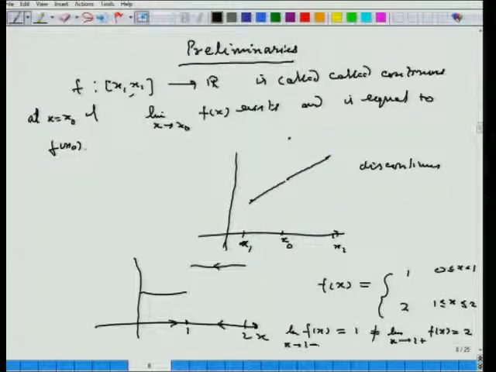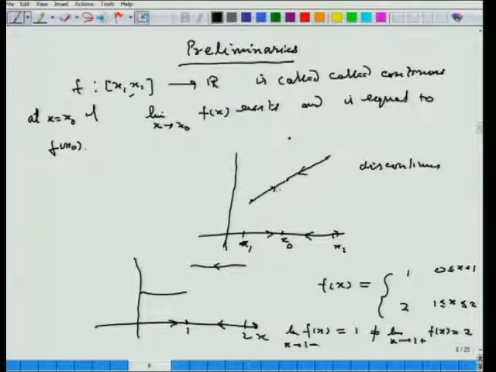Although in this case it is not so apparent, we can see that if we approach this point from the left, then it is going to this value here, and similarly if we approach this point from the right, the values are approaching along this and it is going to this.